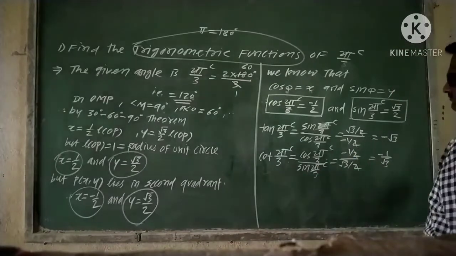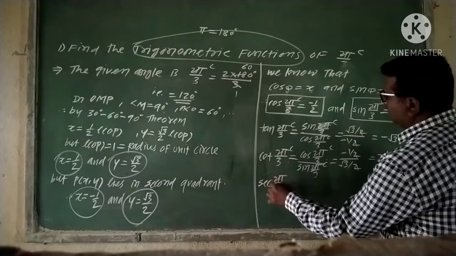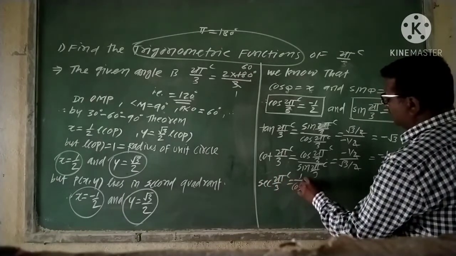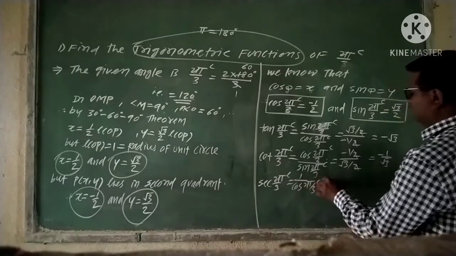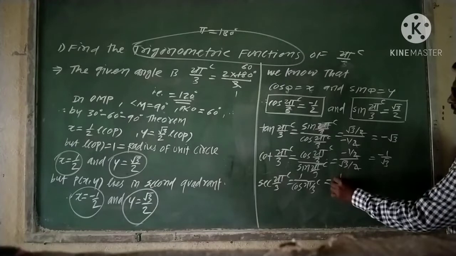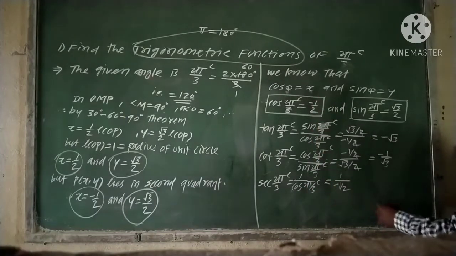Next, sec of 2 pi divided by 3 radian equal to 1 upon cos of 2 pi divided by 3 radian, and here we put the value 1 upon minus 1 upon 2.